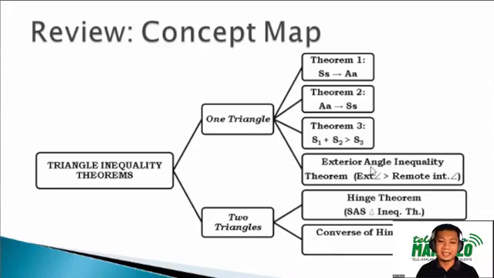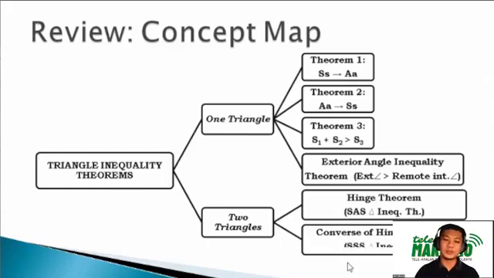It means that if the hinge is opened wider on the first triangle compared to the second triangle, the angle is greater and the opposite side is always greater.